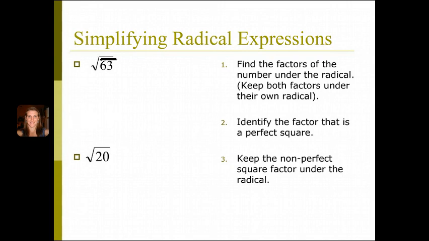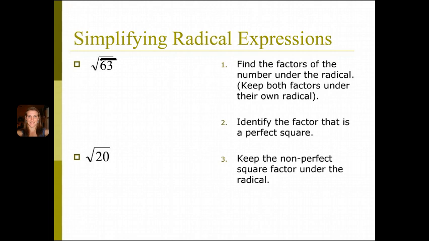However, there are going to be times when the calculator will not do the work for you. It'll give you a decimal. If you don't get a whole number for your answer, then we need to talk about how to simplify radical expressions that aren't perfect squares.